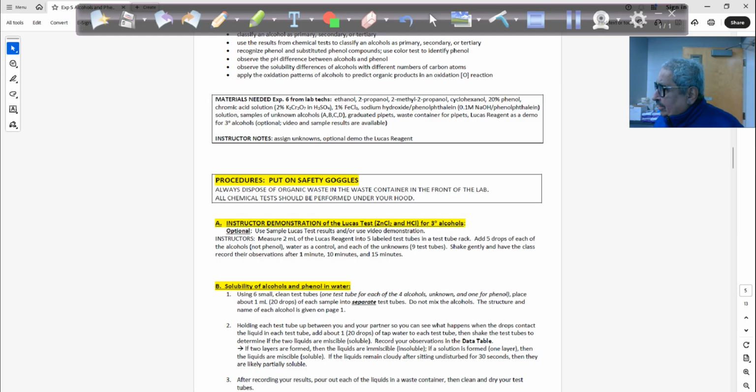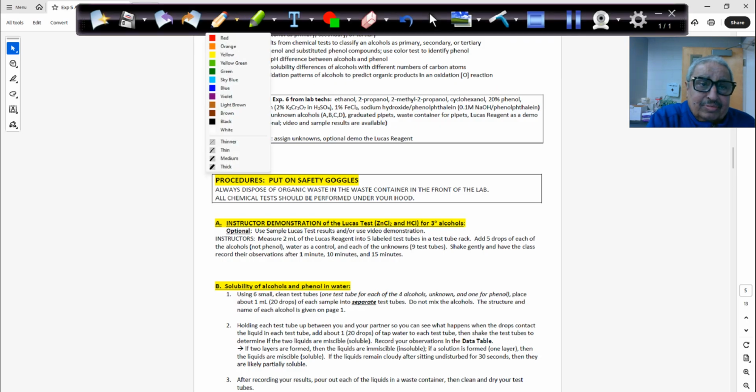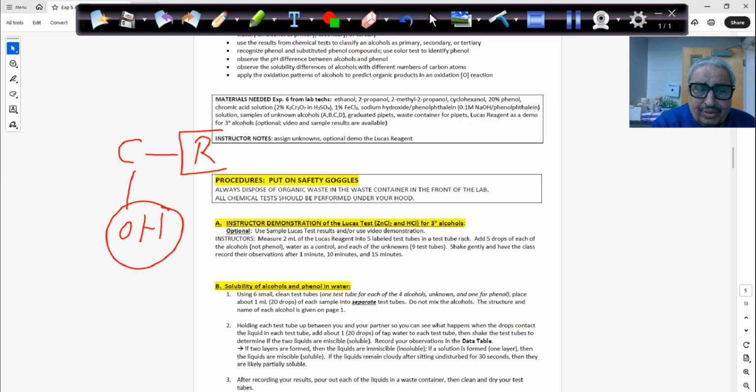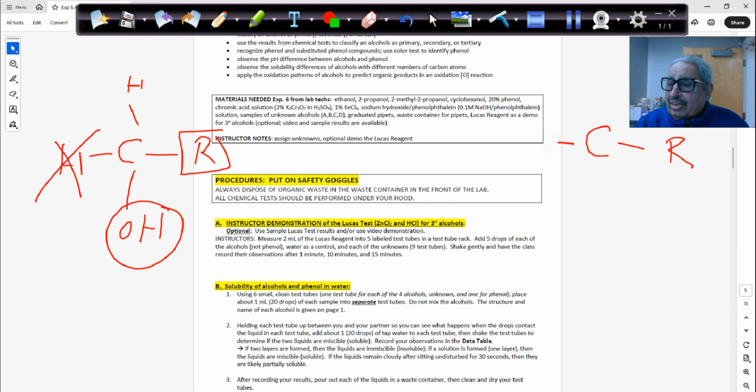Tertiary alcohol will react. Everybody still remembers what tertiary alcohol looks like? Let me repeat again. If I have here my OH, and here is my R, and this is H, that's called what? Primary, one group. Then I go here, I said, well, let's take one of those H out, add R here, and here H, and here's my OH.